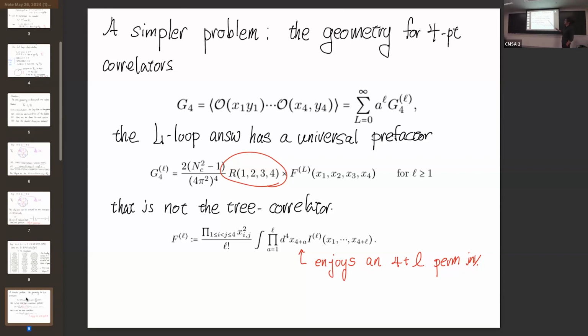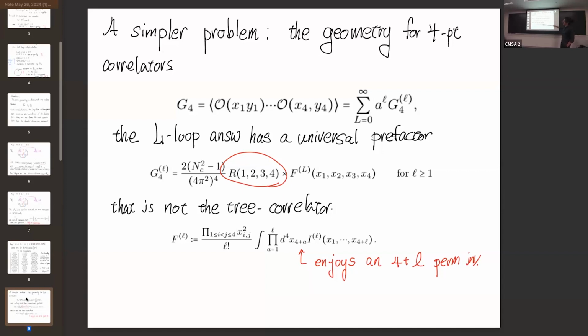So in general, at L loops, the answer basically looks like this. It has a factorized, universal part in front times a loop integral. The loop integral is actually something extremely simple. It's what is called the f function. The f function is the integral in position space, but this integral enjoys the property that, of course it depends on 4 points, x1 to x4, but there's also L loop points that you're integrating over.